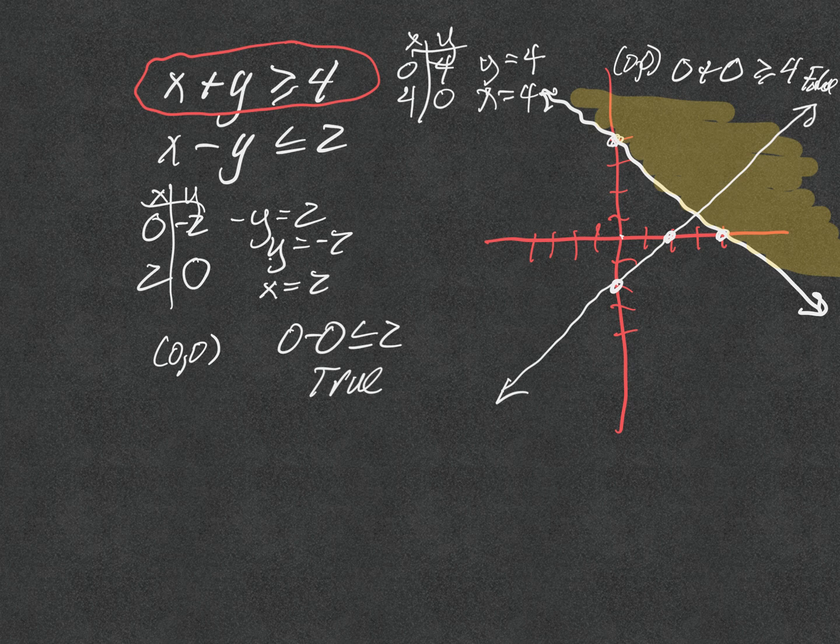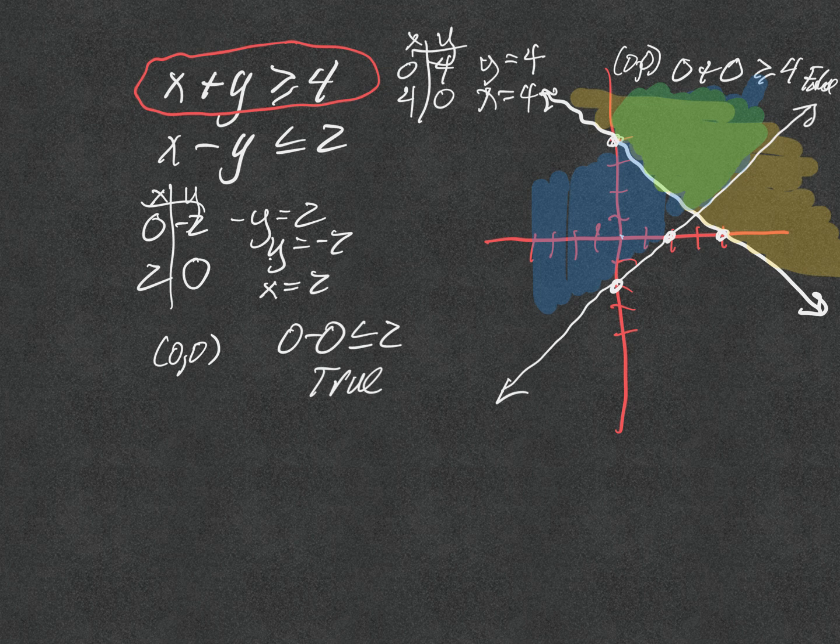And when I shade that part of the line, I'm shading this side. You see that you get some overlap in this area. That is the overlapped area, that is the solution. That's the solution to the system.